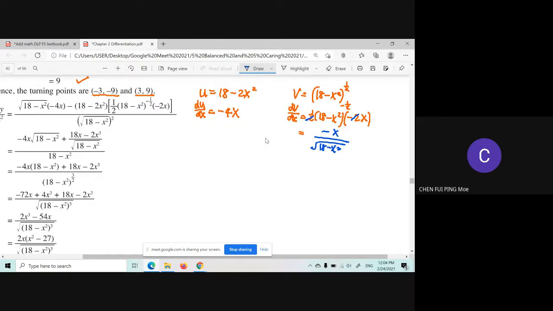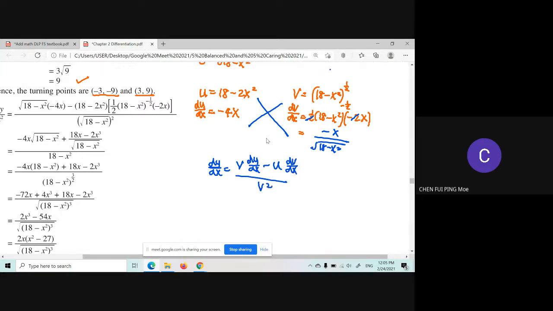So cross multiply. Quotient rule formula is dy over dx equals to v du dx minus u dv dx over v squared. So just substitute, v come first, this one multiply this one, so you have this minus 4x square root 18 minus x squared, and then u multiply this.